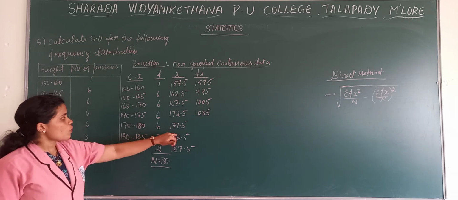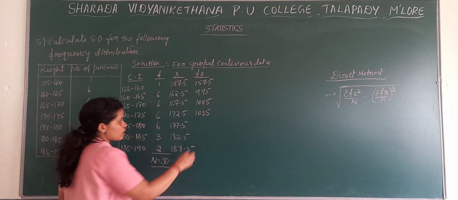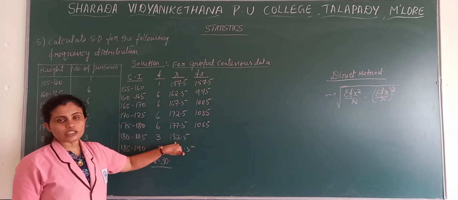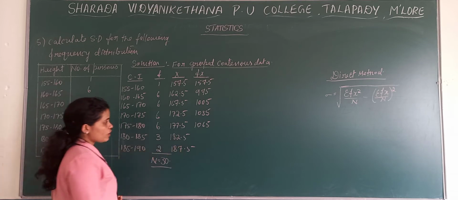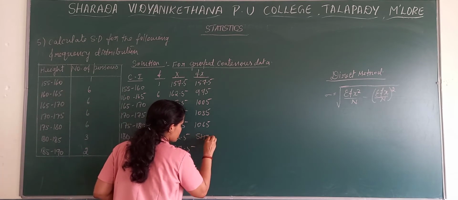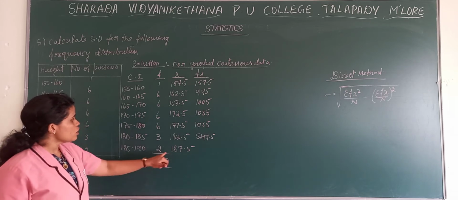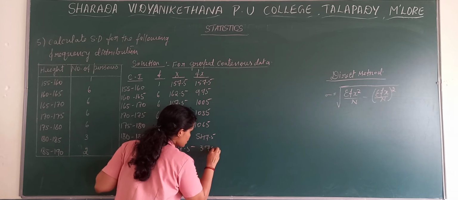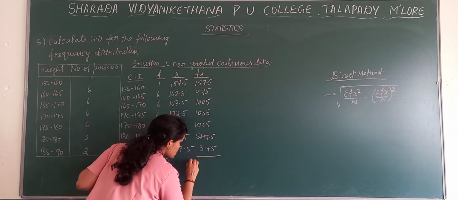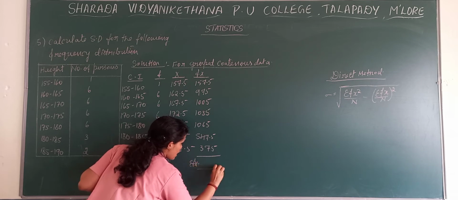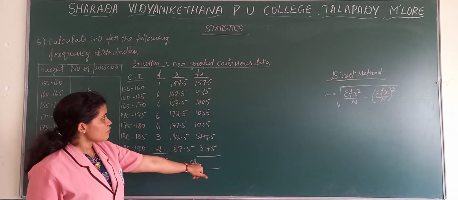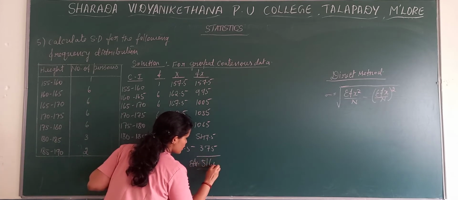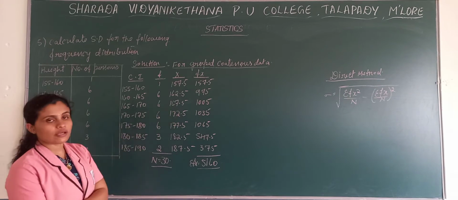Then 6 into 177.5 we get 1065. Then 3 into 182.5 we get 547.5. And the last one, 2 into 187.5, we get 375. Now total the sigma fx. When we total it, we get 5160. This is the fx column.